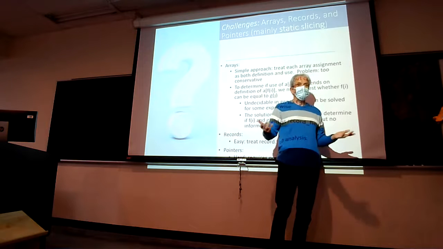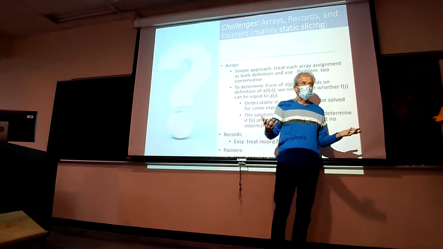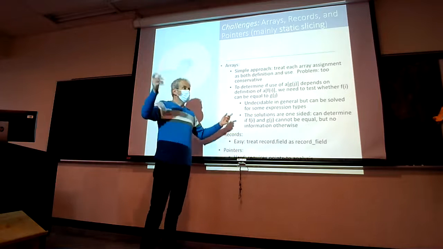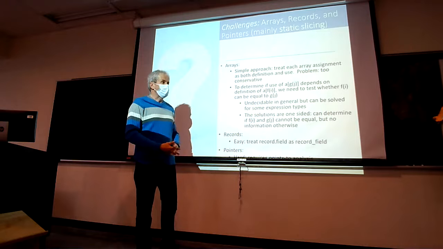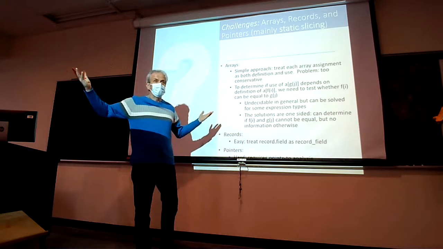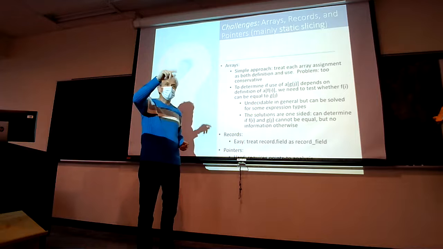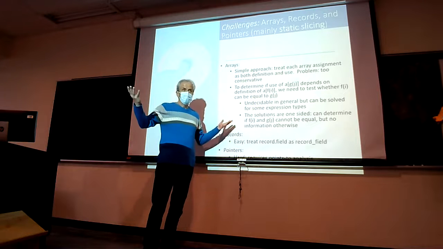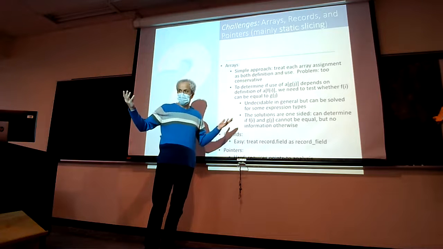It has to assume any value, right? So if your array has 1,000 elements, static slicing has to consider 1,000 A's. A of 1, A of 2, A of 3, because it doesn't know. As soon as you say A of I, it doesn't have the value of I, so it has to consider all possible scenarios.